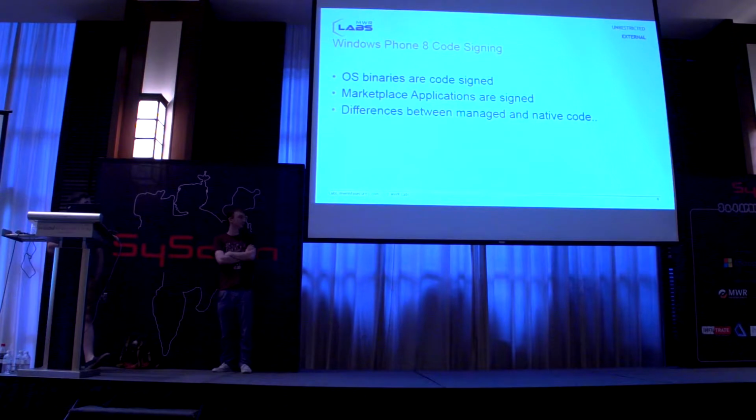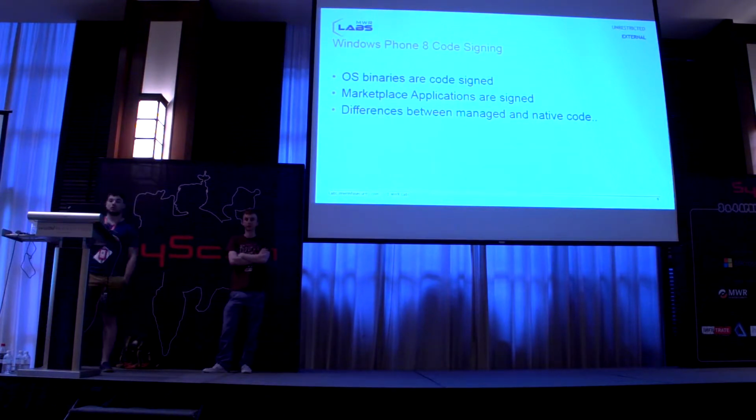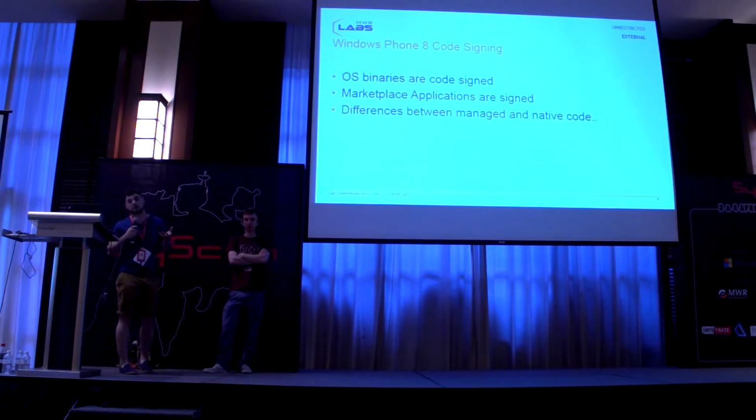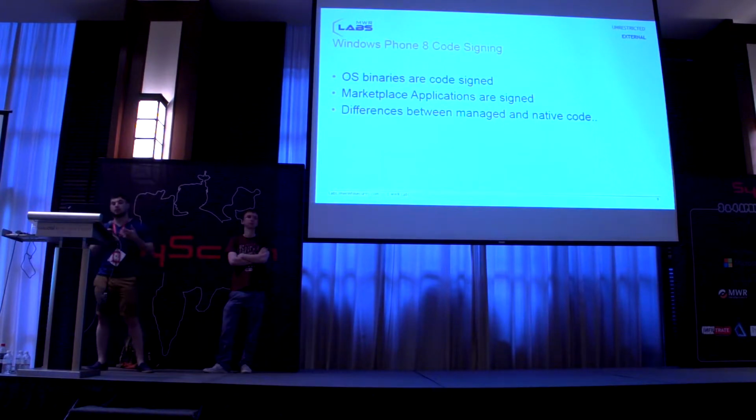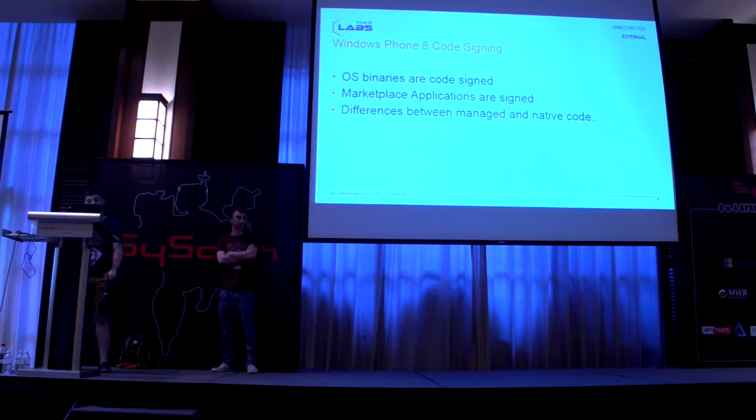As far as code signing goes, all OS components are signed by Microsoft, which offers you standard tamper protection, reduces your attack surface for malware, and restricts privilege escalation, so that you can be sure that when your application's running in a container, the environment is sane. No unsigned code will run. All marketplace applications have to be signed in order to be installed on a non-developer unlocked device.